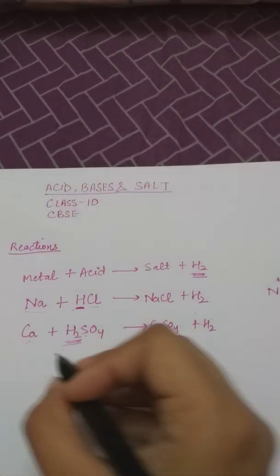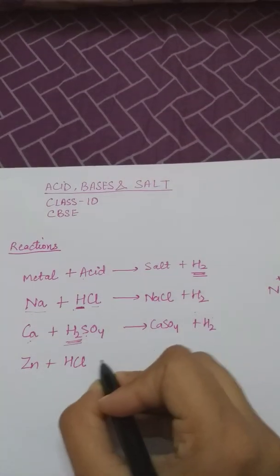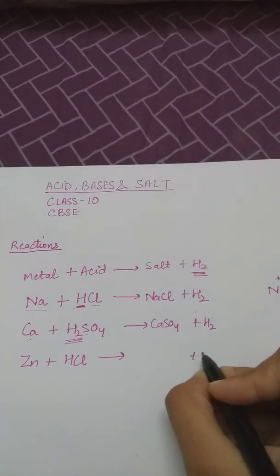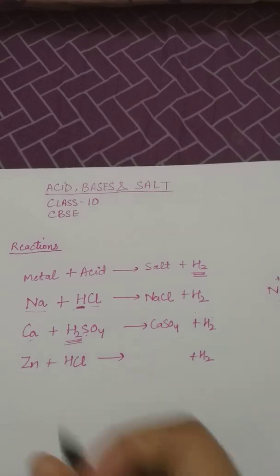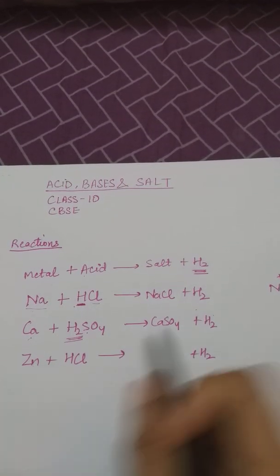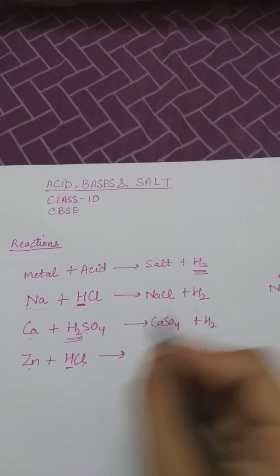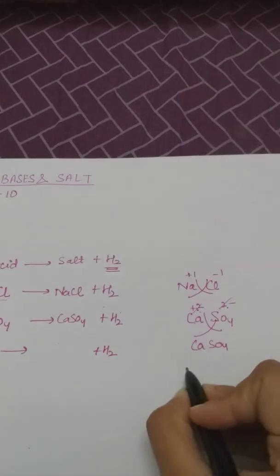Let us take one more example. Say zinc plus HCl. Here hydrogen will be evolved because a metal is reacting with an acid. Now how do we write the salt? Hydrogen has been removed, zinc and Cl are left. So I will write zinc and Cl in the rough work.